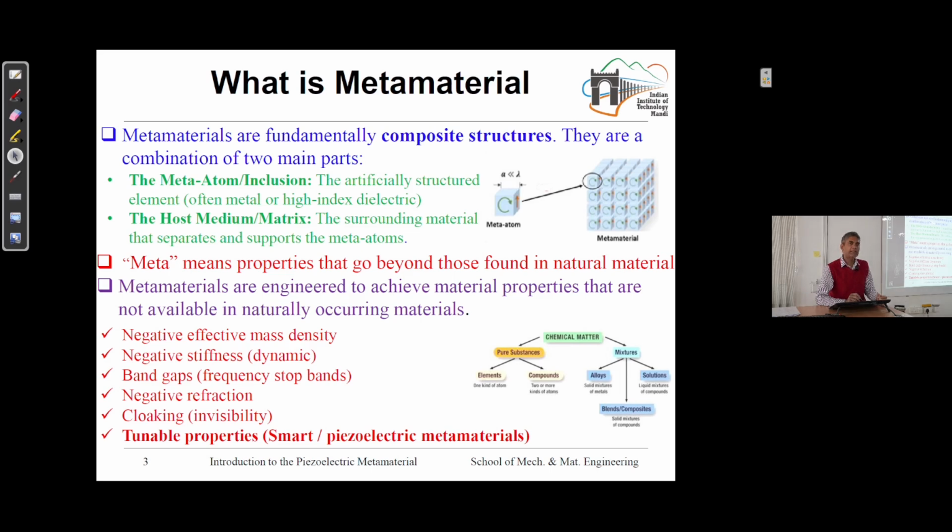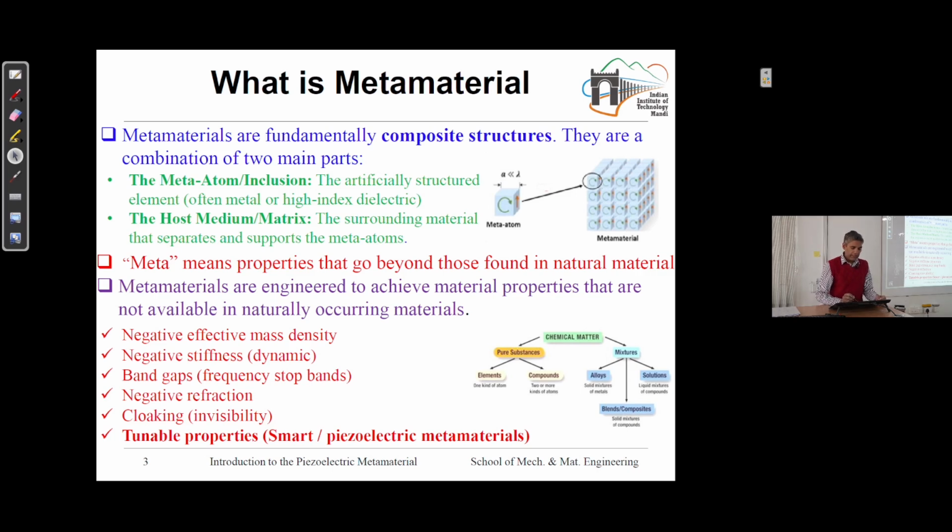Band pass, basically a range of frequencies we can allow and a range we can stop, can be possible with the help of metamaterials. Negative refraction, cloaking. So there are so many applications, so many unusual properties that are required.